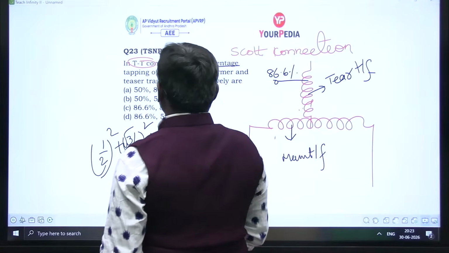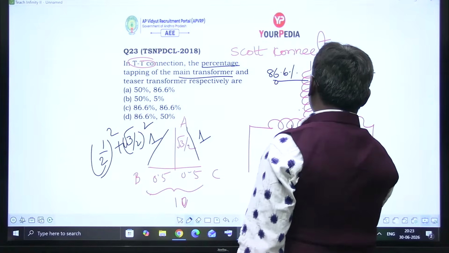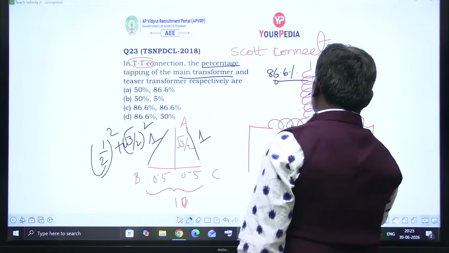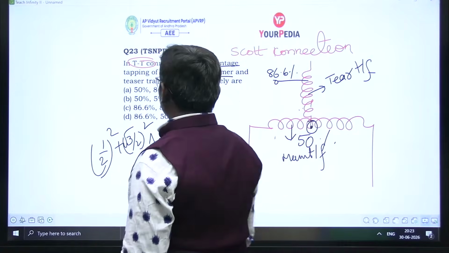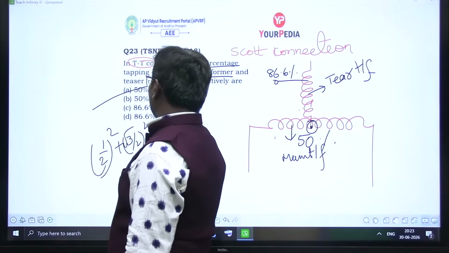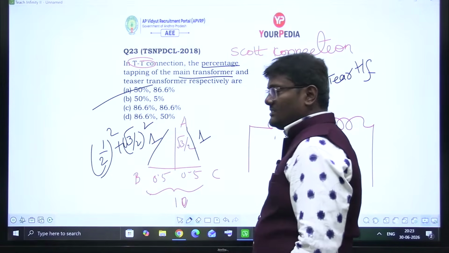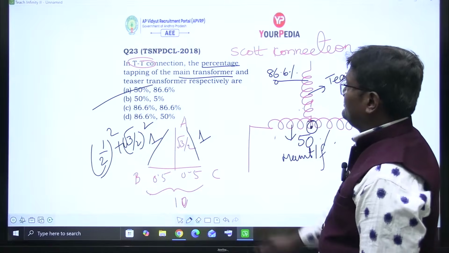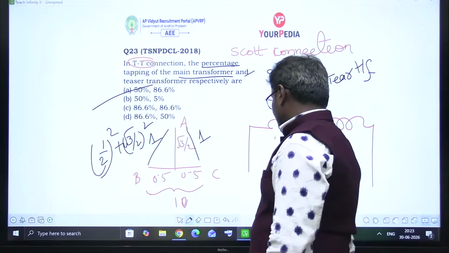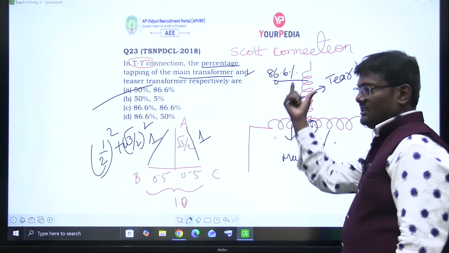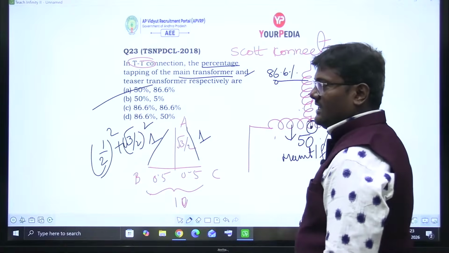So the percentage tapping of the main transformer is exactly at midpoint 50% and the teaser at 86.6%. A is the correct answer.